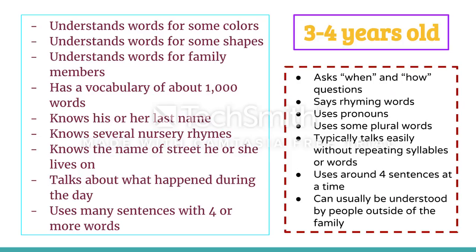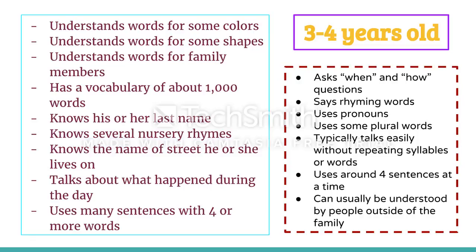Okay, and then 3 to 4 years old, they will understand words for some colors, red, green, blue, common colors. They'll start to recognize those words and what that means, and then understand words for some shapes like circle and triangle.